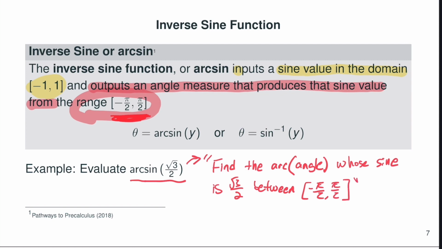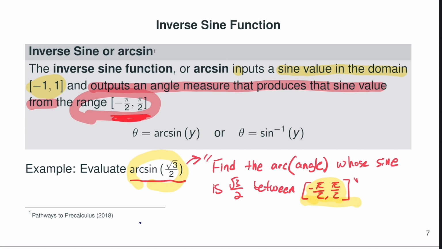So that's what this is asking. So knowing sine inverse includes knowing this range. You have to remember this. When you say evaluate this, you have to remember this, because it's a part of the arcsine function.